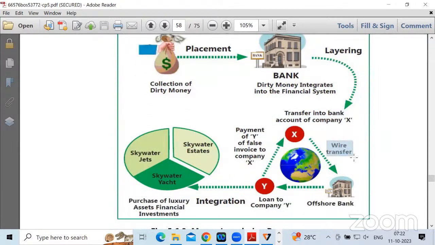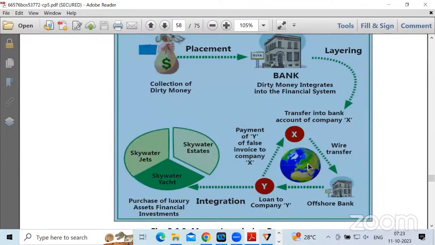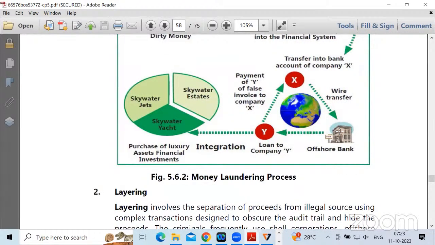Then wire transfer or payment of Y, or a false invoice to company X, as if they are making a genuine payment. And somehow it is coming into the banking system. Sometimes it is an offshore bank. You would have heard about the 2G scam. During that 2G scam, money was invested in Mauritius, and then it was routed to India. Then loan to company Y, etc.